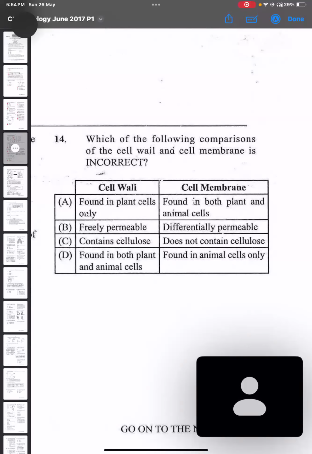So it cannot be A, because it says found in only plant cells. For A, for a cell wall, we know that to be true, and a cell membrane is in both a plant cell and an animal cell. So it cannot be A. D is our answer, because it says that the cell wall is found in both plant and animal cells. We know that is not so. So our answer is D, because we know that the cell wall is only found in plant cells.